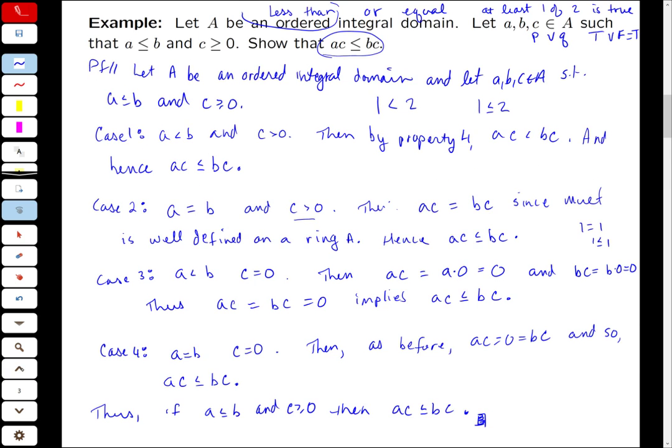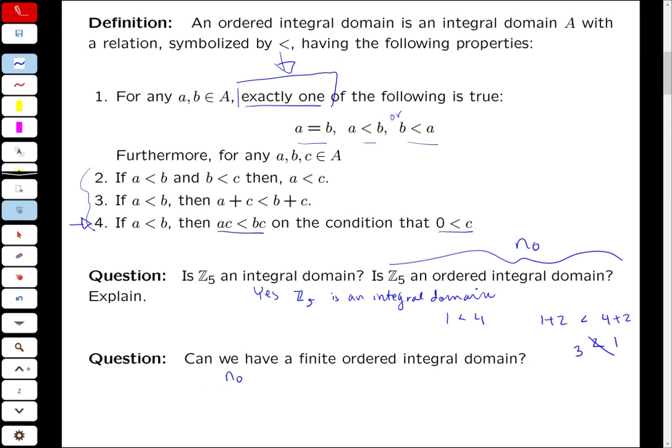If A is greater than 0, what happens if I multiply A by A? In other words, we want to multiply the inequality by A. If you have A is greater than 0, we want to multiply by A on both sides of that inequality. A squared is greater than A times 0, right? By property 4.